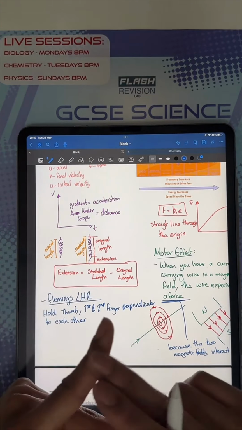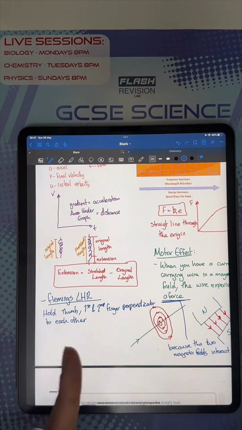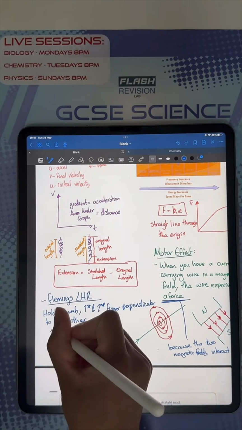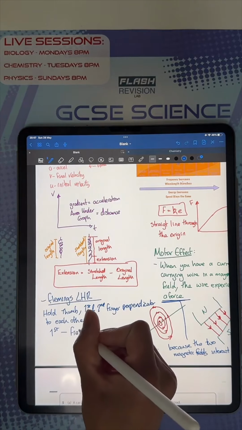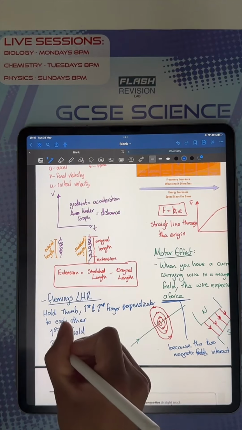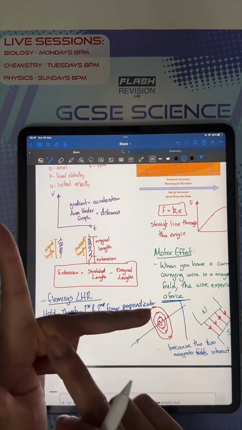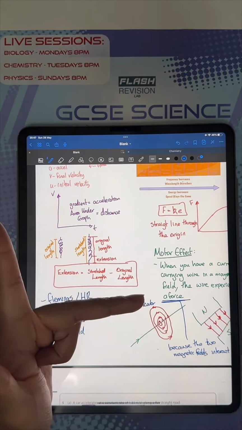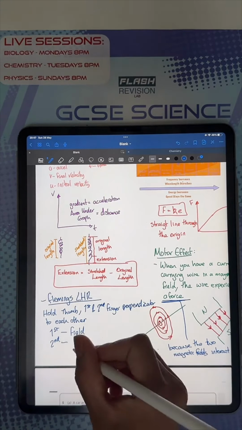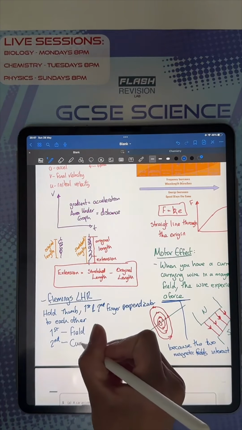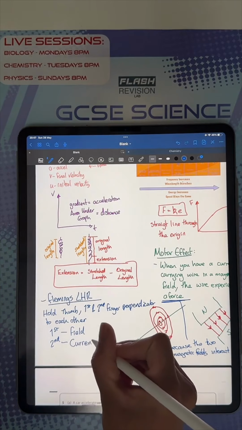So first finger is always in the direction of the field. Second finger is always in the direction of the current in the wire. Do you remember we had our current carrying wire? That's always in the direction of the current. So you line those two up.